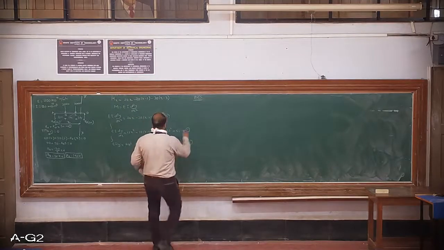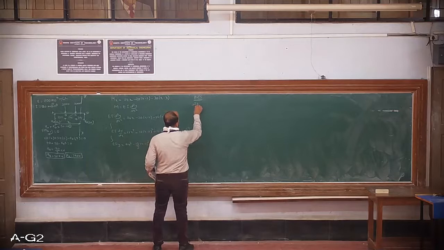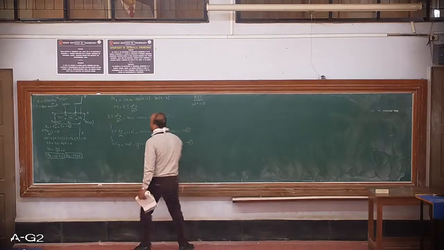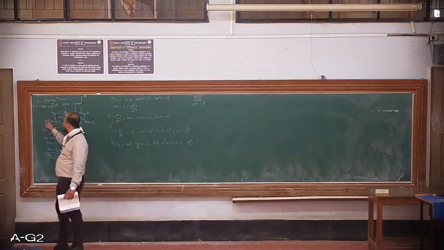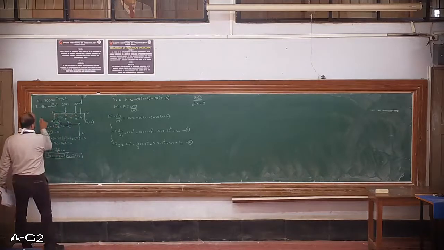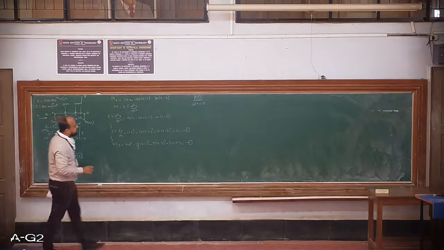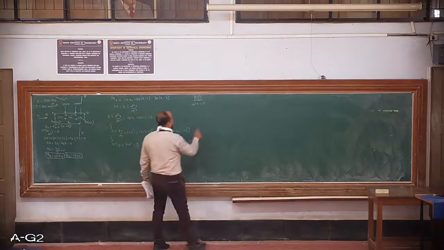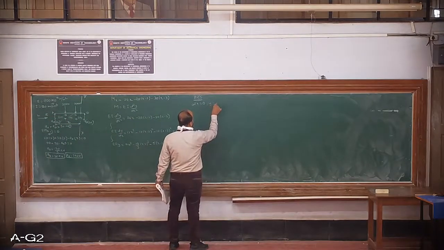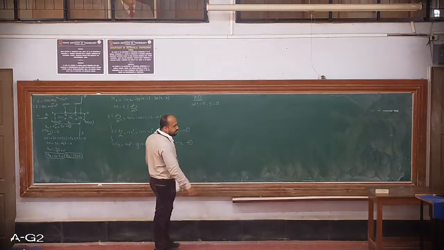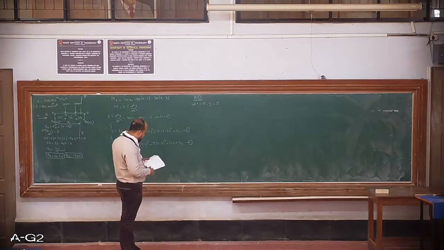At x is equal to 0. We have taken x from left to right. At x is equal to 0, what is y? y is also 0. At x is equal to 0, y is equal to 0, but the slope is not equal to 0.